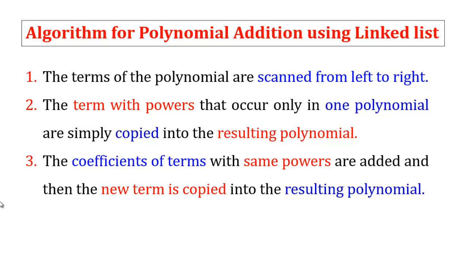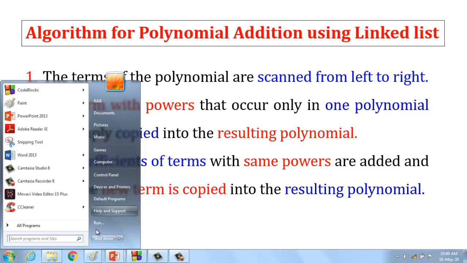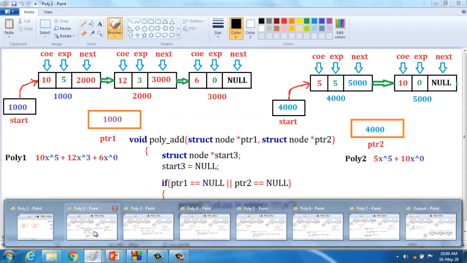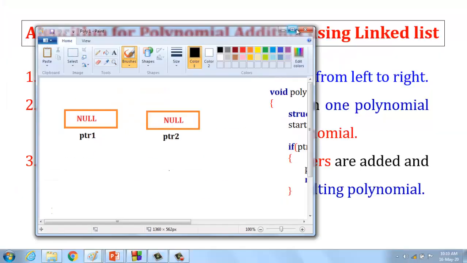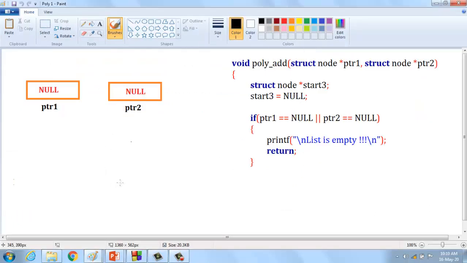Okay, here we are going to see the pictorial representation of how to add two polynomials. This is the first scenario. Void is the return type, and poly_add is the function name. Here we have three parameters.